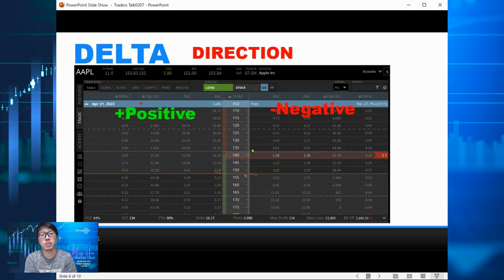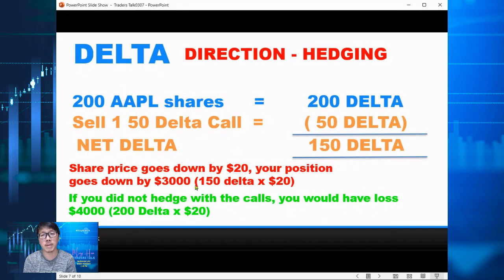Some examples of how we apply it: we use delta direction to hedge.